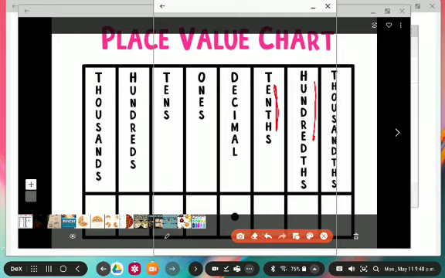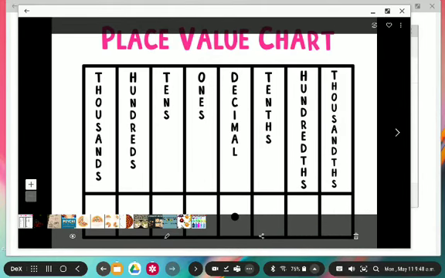Because we were looking at a hundreds chart, it would actually just be 1 out of 100. So 1 out of 100 would go right over here. And because we have nothing in our 10th section, we don't have 10 of those pennies added up in our hundreds block, we would put a 0 right here.